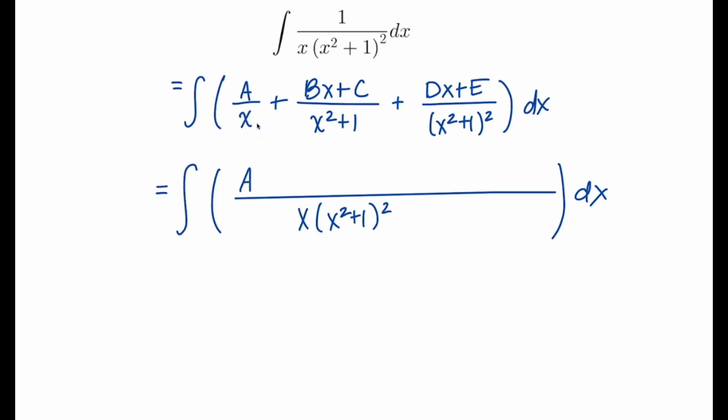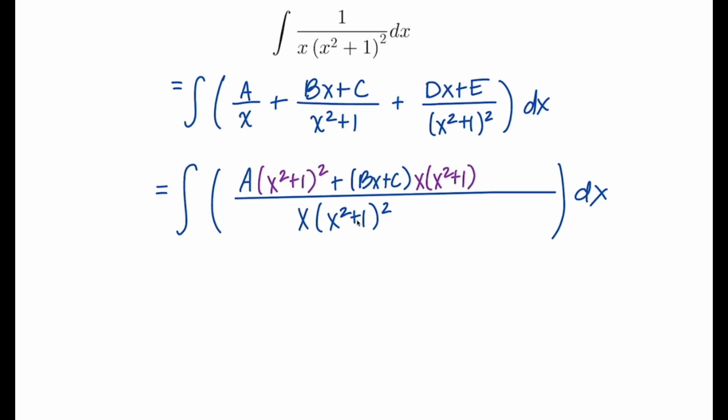So we're going to have a times the quantity x squared plus 1 squared, plus now this middle numerator here is going to have to get multiplied by an x because this denominator is missing this factor of x, and then another factor of x squared plus 1. So we're going to have bx plus c times x squared plus 1.